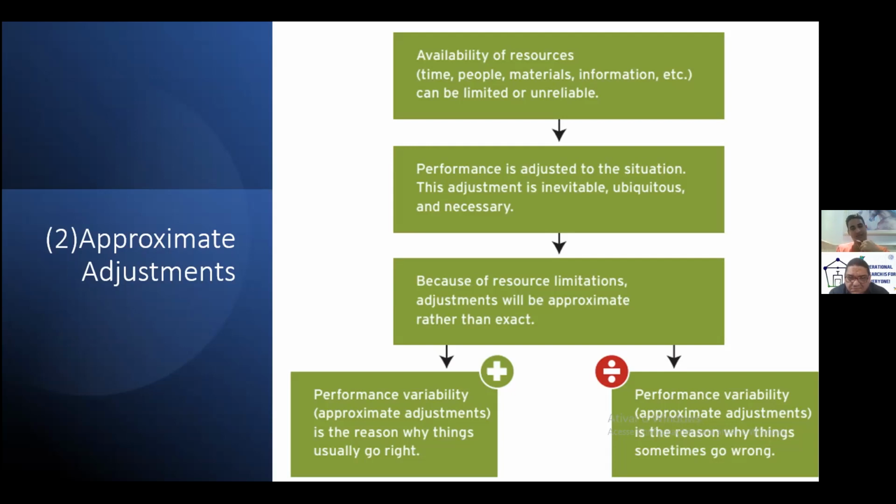This is a quote that is very remarkable for this situation. So we need to make approximate adjustments to allow us to identify performance variability. This is the reason why things usually go right, and also the reason why things sometimes go wrong.